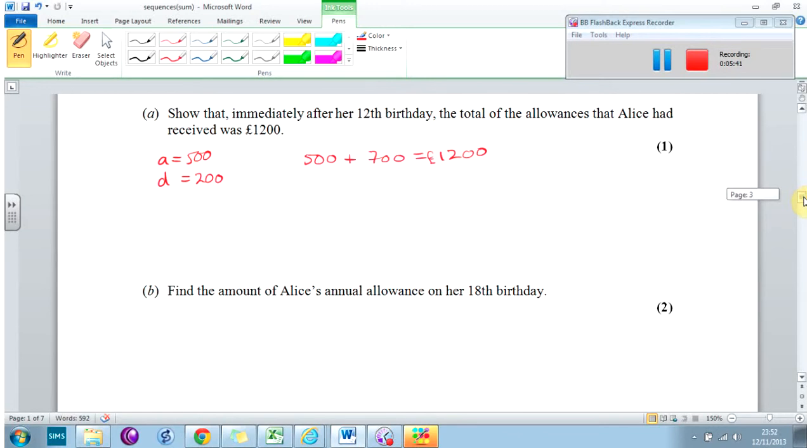Now, on her 18th birthday, this is an nth term. It doesn't say total in here, so it's not about the sum, it's a specific term in the sequence.